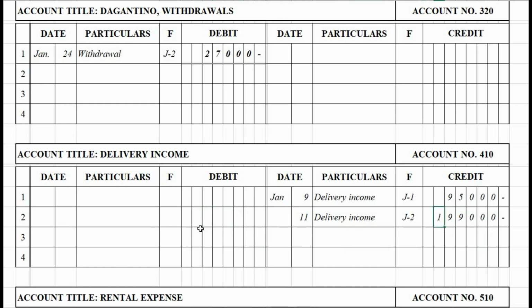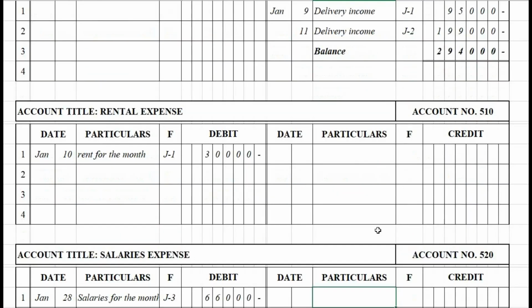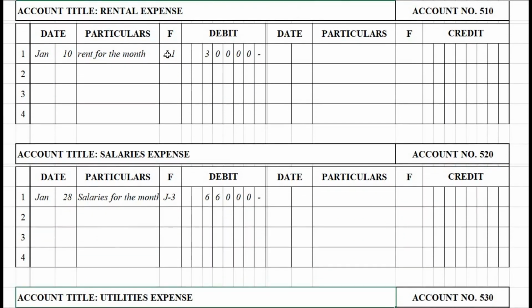Okay? For the delivery income, the total of this is 294,000. There is no debit side, so this is already our balance. We just double rule it. Then your rental expense, only one entry, so bold, then double rule.